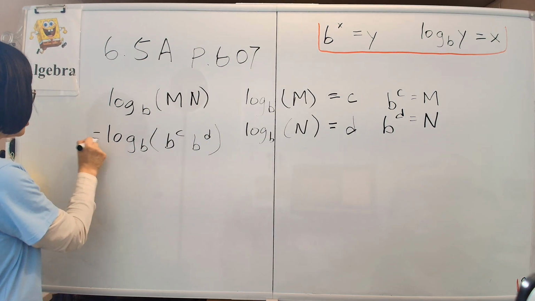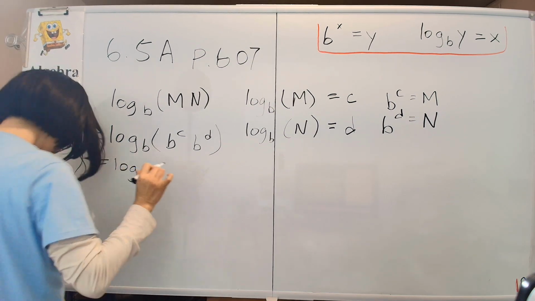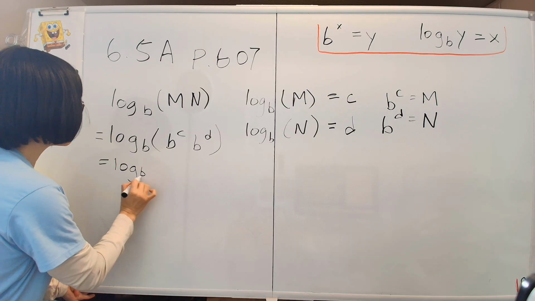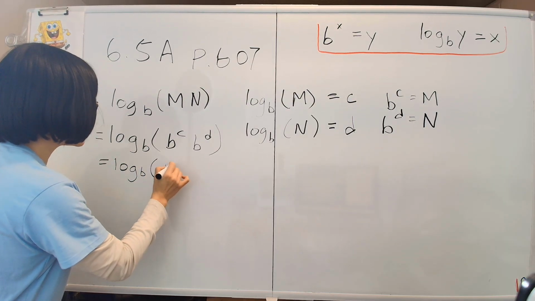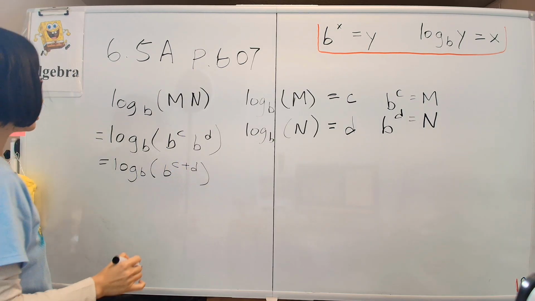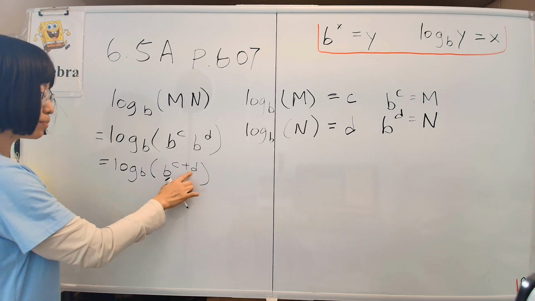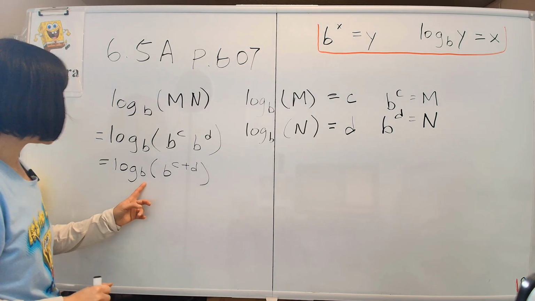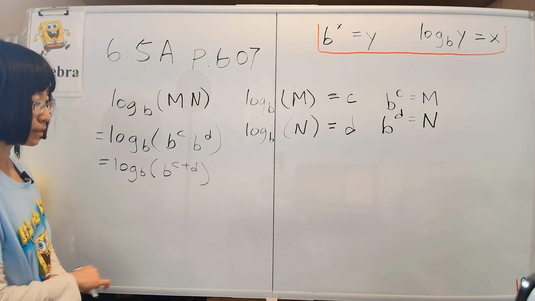So this equals log base b of b to the power c plus d. And what is log base b of b to the power c plus d? You're asking yourself the question, b to what power equals b to the power c plus d?